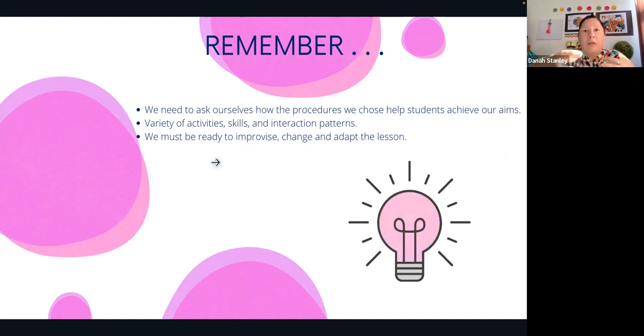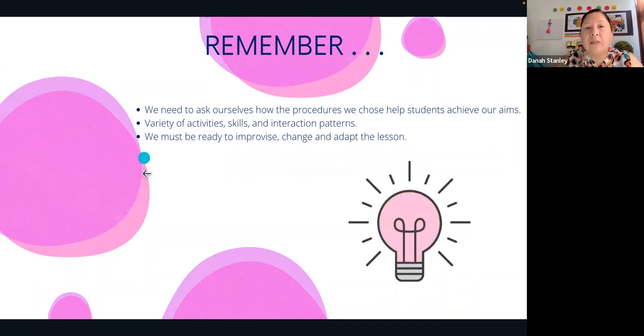Or maybe the opposite. I have this main aim and the students are not prepared. So I need to improvise an activity, an extra activity, omit something in my lesson plan in that moment, so the students can achieve what I originally planned for them.